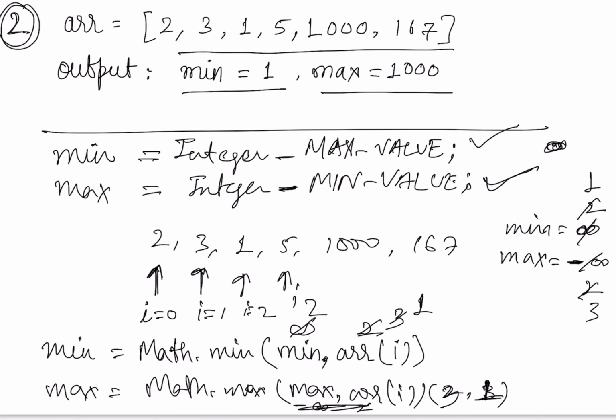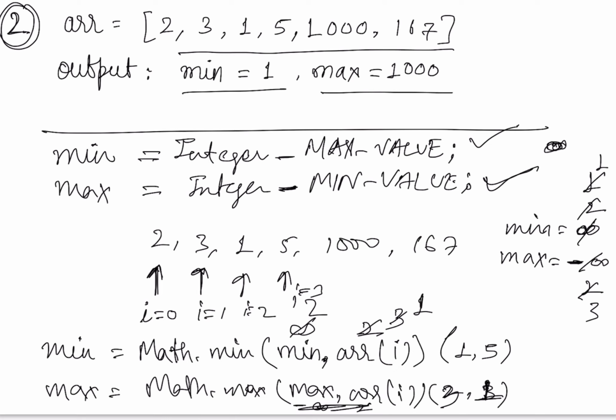Then at I equal to 3, which is 5, our current minimum is 1, and between 1 and 5 the minimum is 1, which is already there, so no need to update.